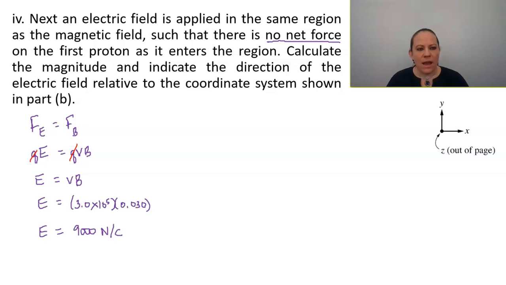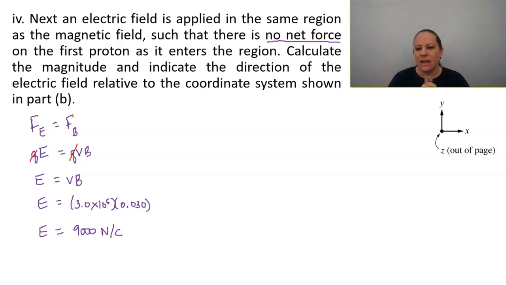And so, quick reminder that this was the coordinate system shown in Part B, with positive x to the right, positive y up, and positive z out of the page. And so we need to specify a direction now for our electric field.